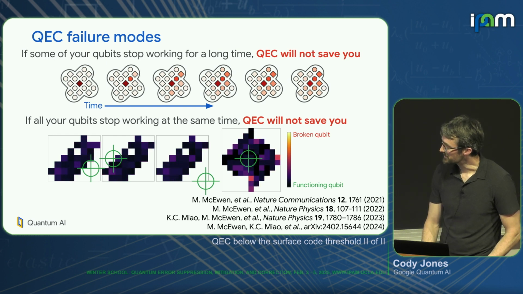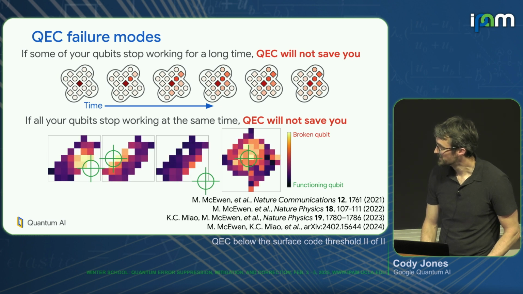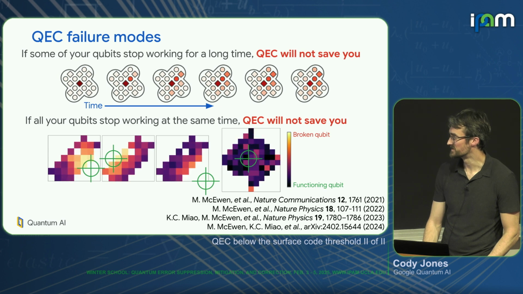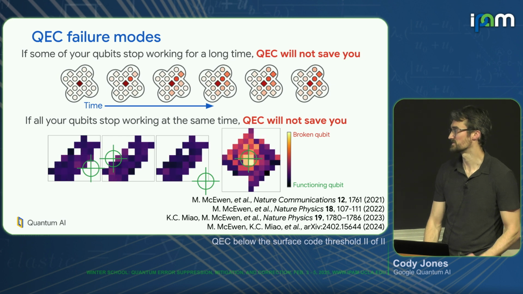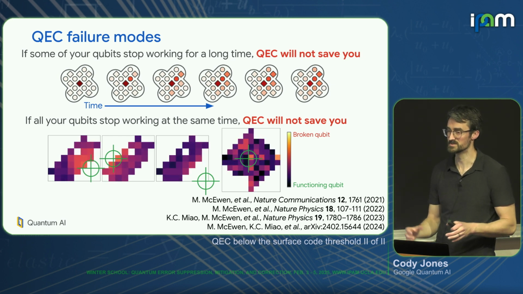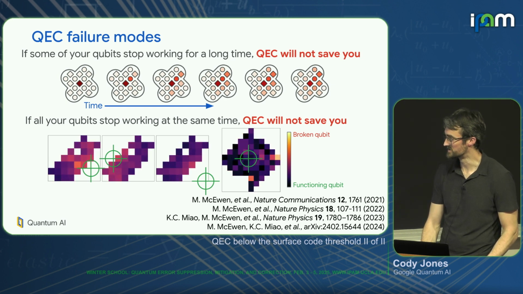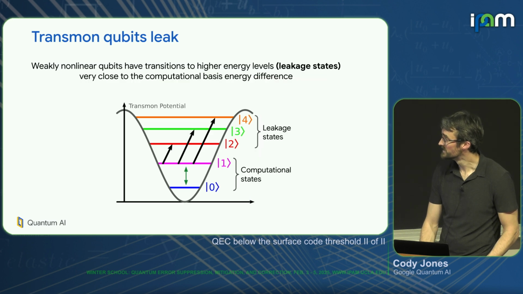There's actually a way of visualizing this, where we can have qubits that enter a bad state. What's shown here in these heat map plots is that a qubit that gets into a leaked excited state can actually cause a whole region of errors to happen. So this is leakage in a very uncontrolled fashion, and we don't want that.